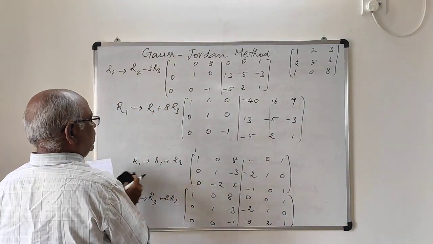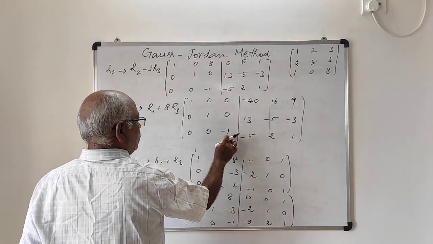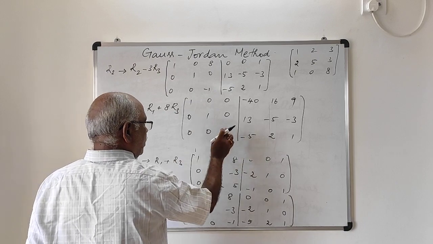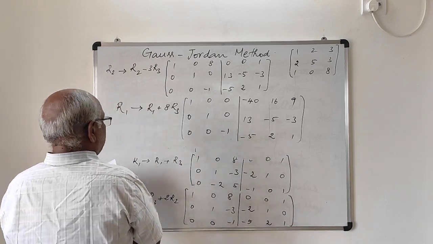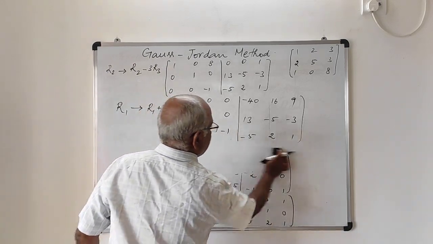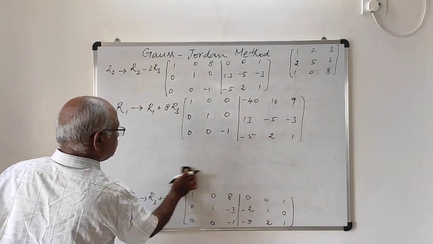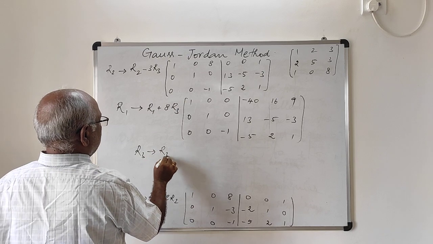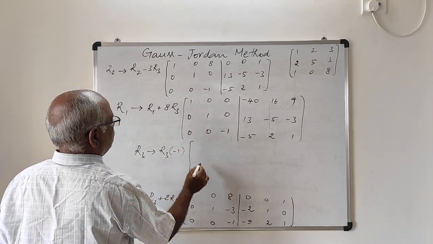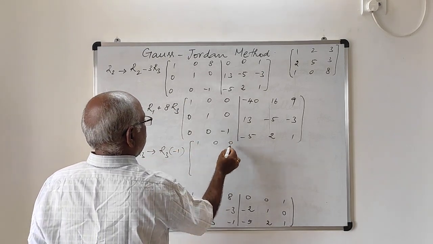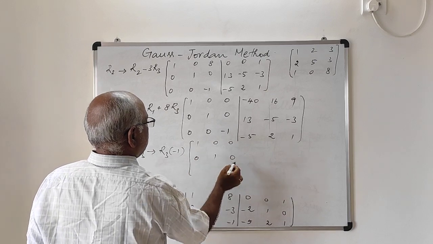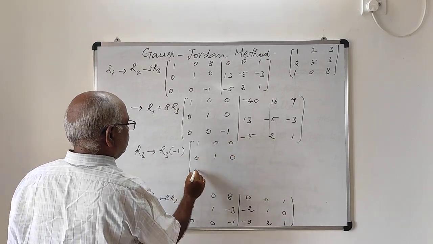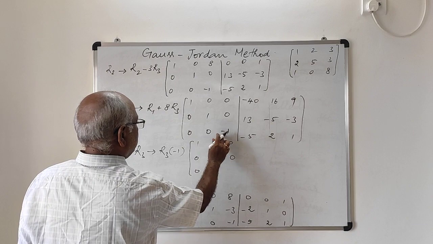Now you convert this element to 1. For that you have to multiply the third row by minus 1. Multiply R3 by minus 1, and we will get the answer. For 1, 0, 0, 0, 1, 0, and multiplying by minus 1 gives 0, 0, 1.